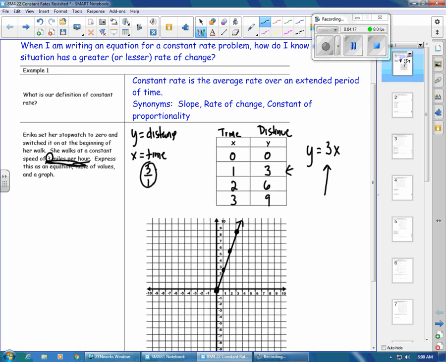And I want you to be able to recognize it both in an equation, and when you're figuring out a slope off of a graph. If you were calculating the slope here, your rise is 3, your run is 1, so it's going to be a 3 over 1. That's going to be the rate that she's walking, 3 miles in 1 hour. Let's take a look at example 2.